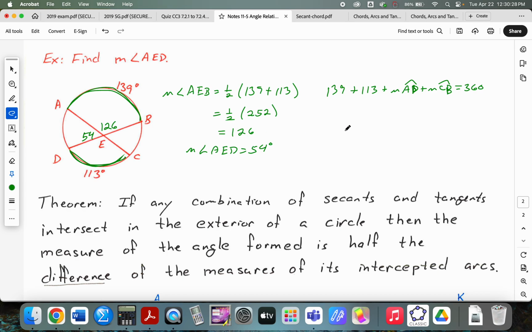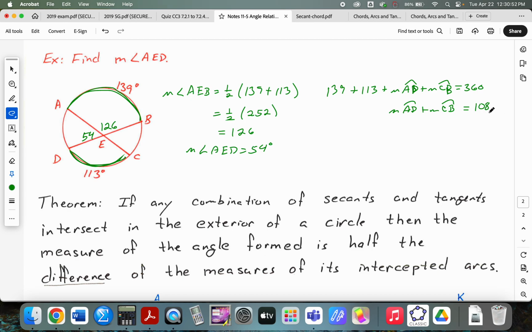So those four arcs are going to add up to 360. These two add up to 252. So if we subtract, that's 108. And then this angle, AED, is half the sum of those two.